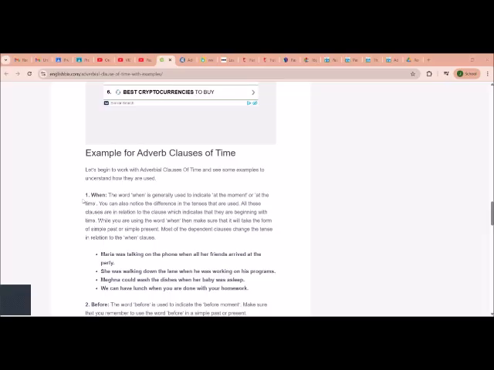While you are using the word when, then make sure that it will take the form of simple past or simple present. Most of the dependent clauses change the tense in relation to the when clause.